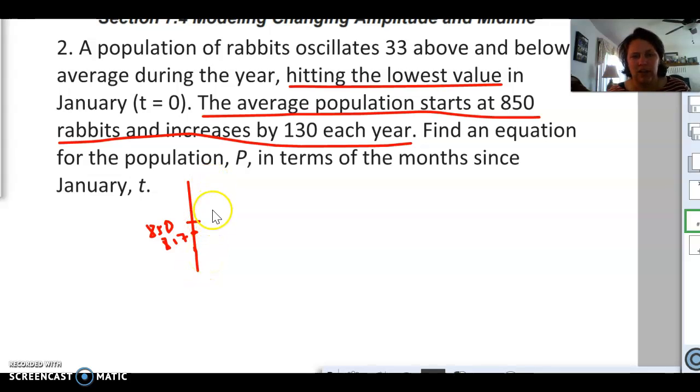And then it increases by 130 each year. So by the end of our year, if we look at 1 year's worth of time here, our population is going to be 980. So it's going to increase up to 980.